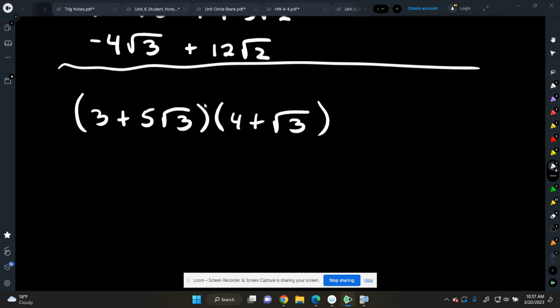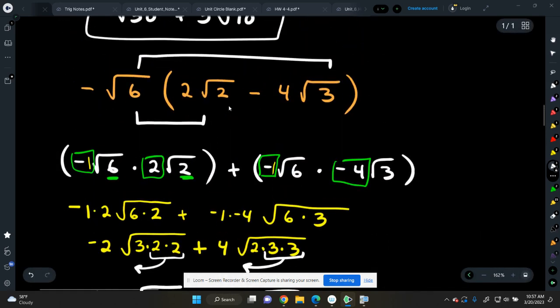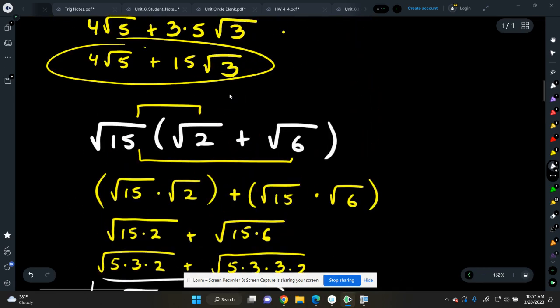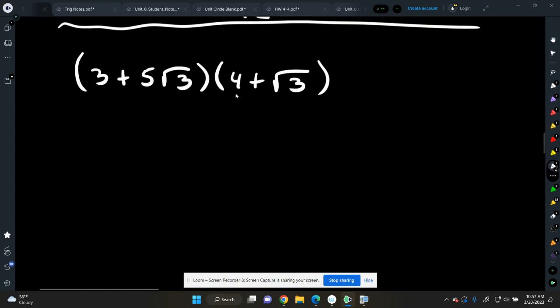There's nothing to distribute. Well, if you notice these, there was only one term outside. One term times 2 terms. Now I've got 2 times 2. This is a binomial. Now I have a binomial times a binomial. So we're still distributing. Do you remember what that's actually called when we do that?